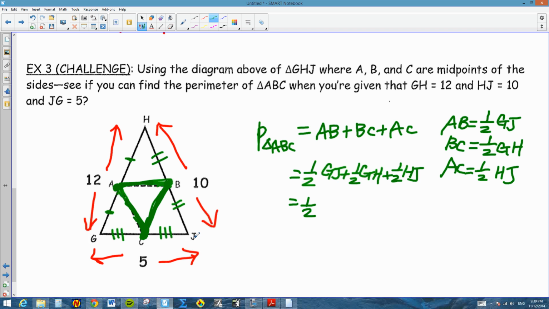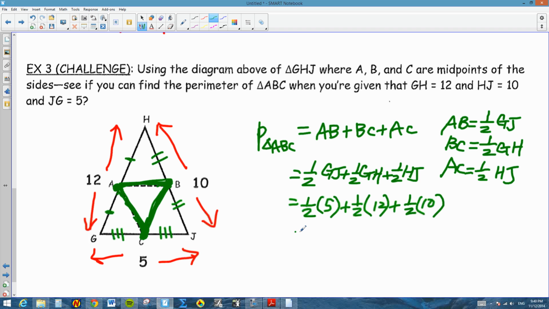GJ is 5, plus 1/2 of GH, which is 12, plus 1/2 of HJ, which is 10.